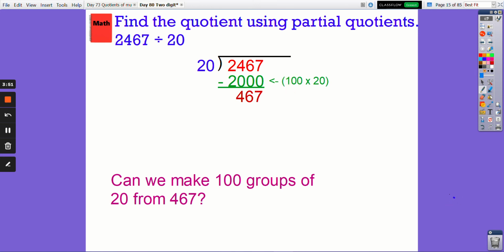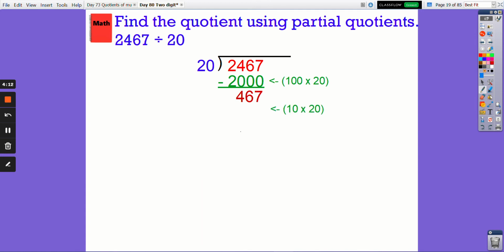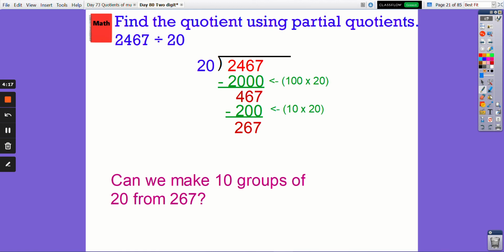Can we take another 100 groups of 20 out of that 467? Nope, you can't. We can't take 100, but could we take 10? Think about what 10 times 20 is. Yeah, we could. 200, right? So if we take out 200, we're left with 267.